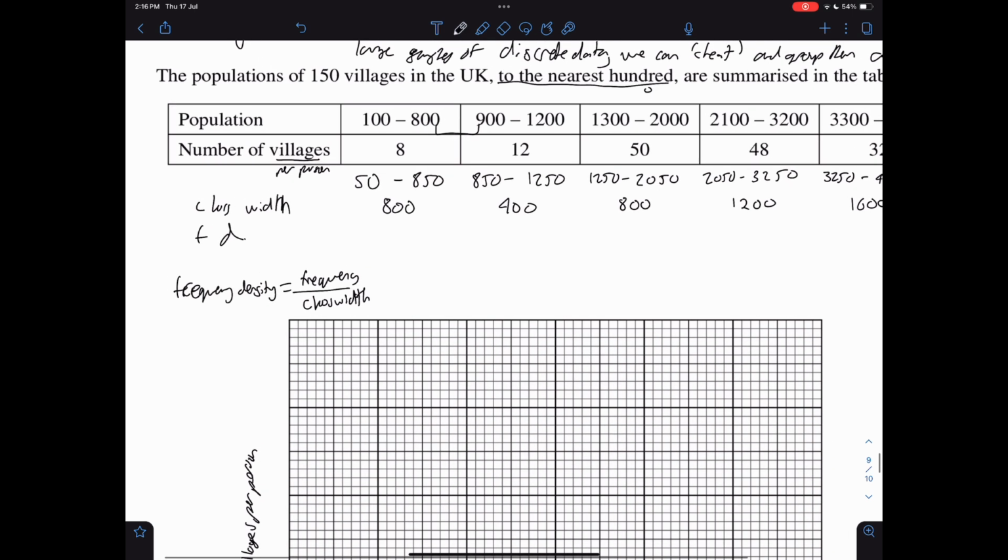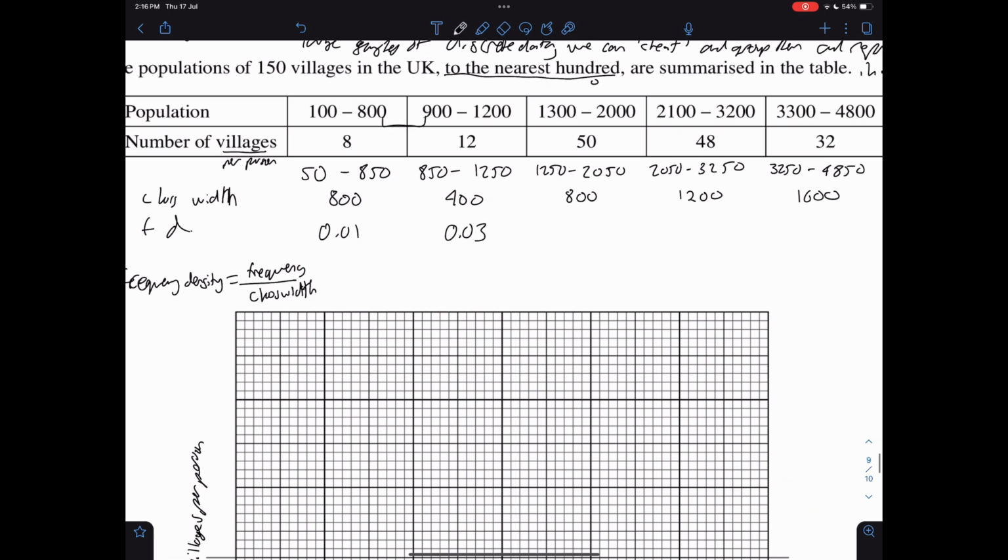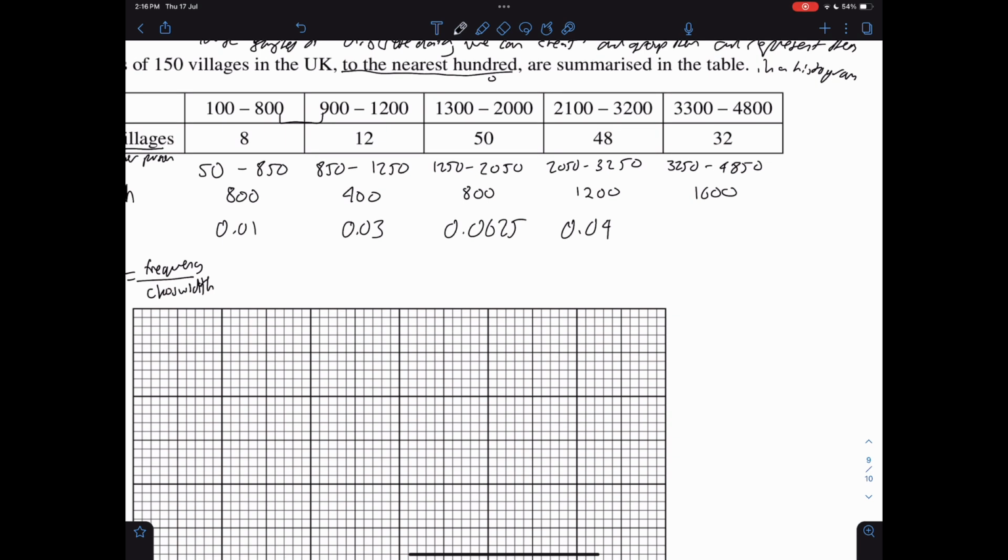And so then we'd do our FD calculations, 8 over 800, that'd be 0.01, then we'd do 12 over 400, 0.03, 50 over 800 again, 0.0625, 28 divided by 1200, which is 0.04, and 32 divided by 1600, which is 0.02.